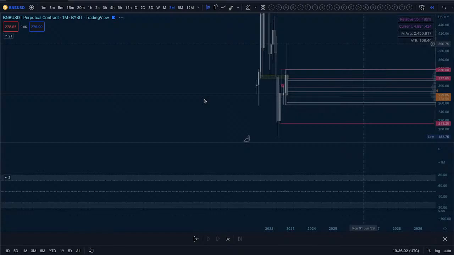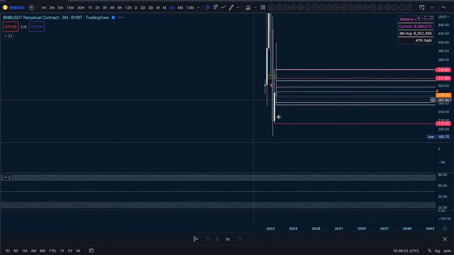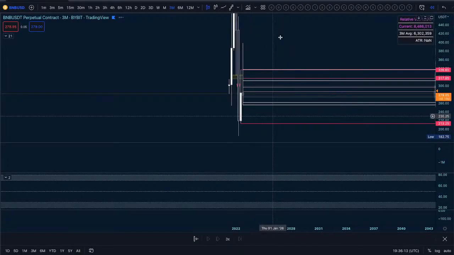Let's see what we're dealing with here, because there must be a reason I put these lines here. Yeah, it was last quarter's range. You see the red ones? It's the last quarter's range. Now we took out the high side and the lower side is still waiting.